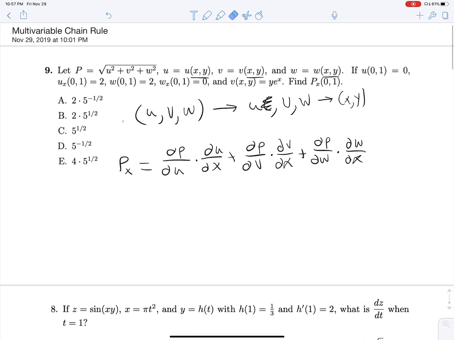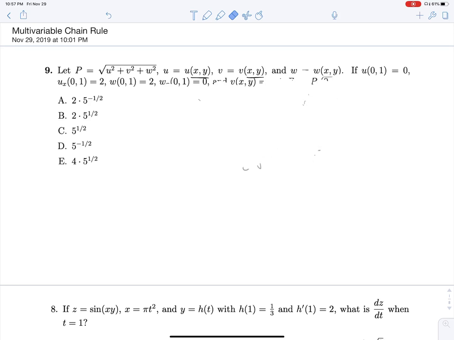First of all, we're going to need a little more space, and we'll just remember the blanks that we have to fill in, because I'm probably going to need all of this space here. So first of all, let's figure out what u of 0, 1, v of 0, 1, and w of 0, 1 are equal to. So we know that this is our x value and our y value here.